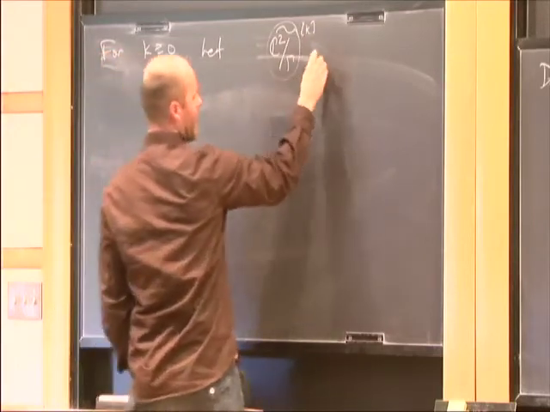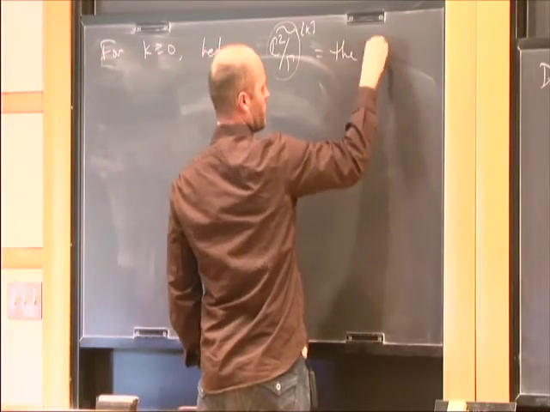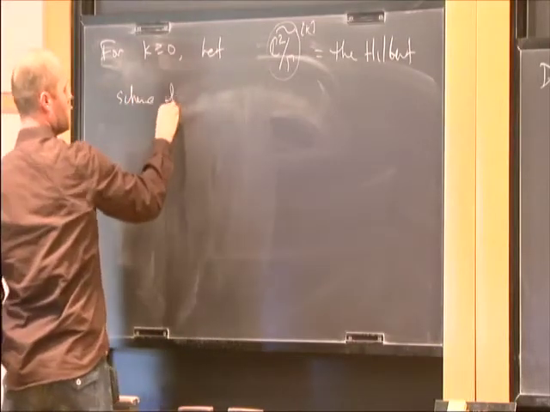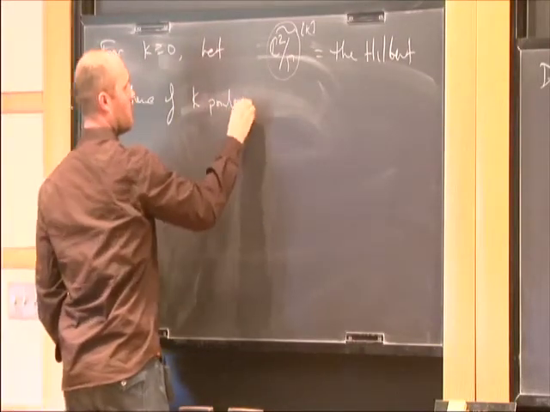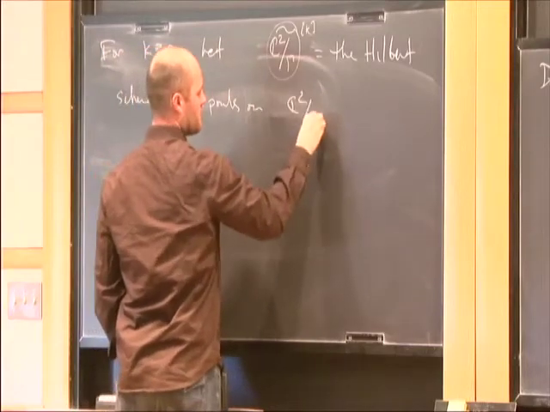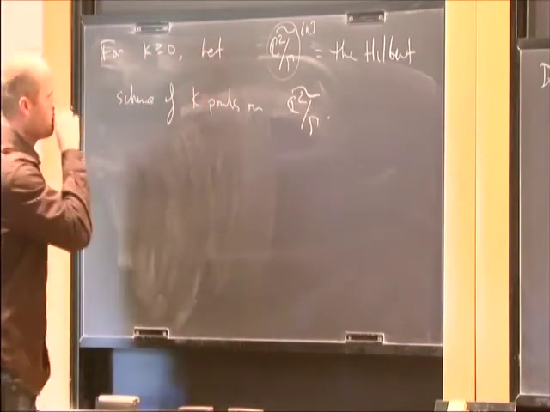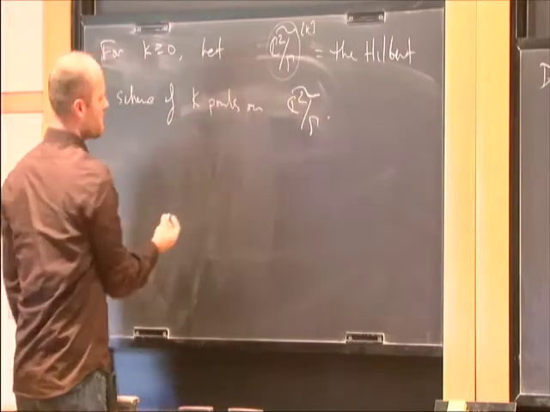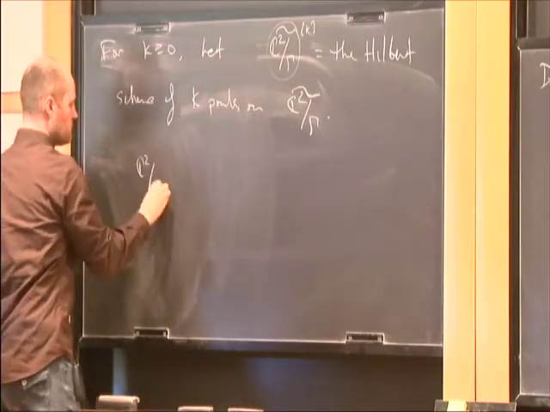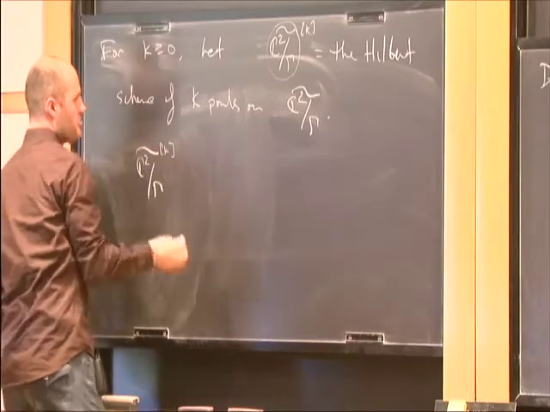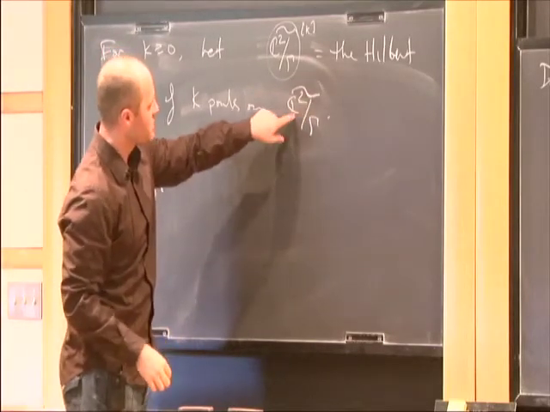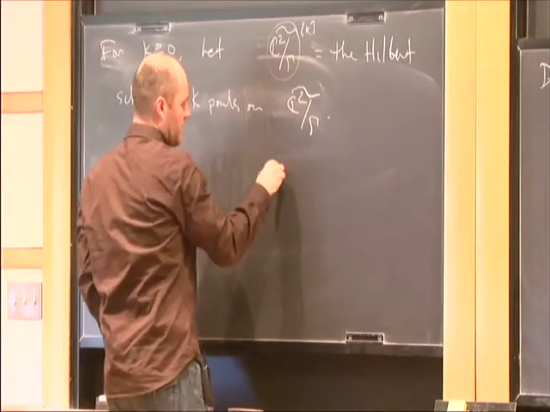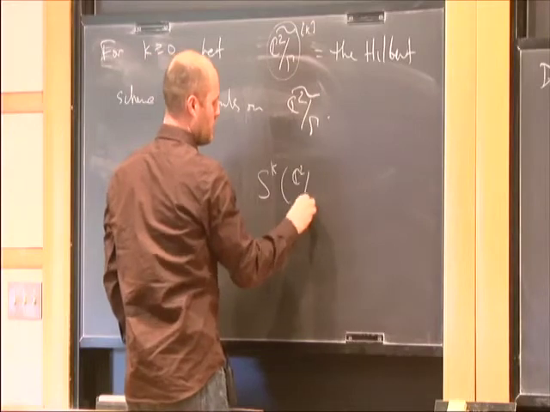If I put upper bracket k, that's what's known as the Hilbert scheme of k points on this space. The precise definition of this space is not so important. How you should think about it is the following. If you have this space and a non-negative integer, one natural space to consider is the kth symmetric product.